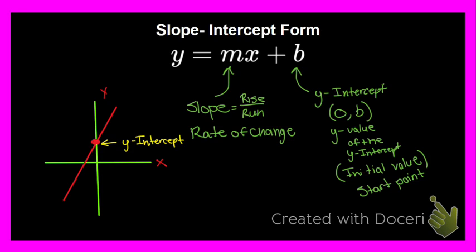We're looking to put every equation in slope-intercept form, which is y equals mx plus b, and we have to find the two important things from that equation, which are our m and our b, our slope and our y-intercept. Now the x and the y from that actual equation is any point on the line.